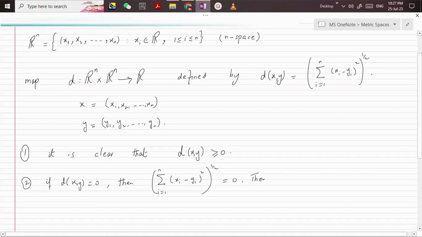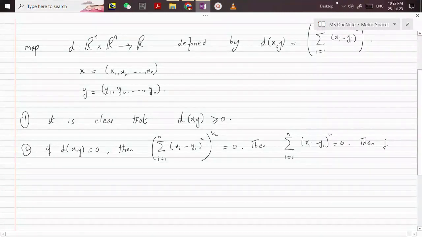Then it is possible only if for each i, (xi minus yi) whole square equals 0, then we can easily conclude that xi equals yi for all i.